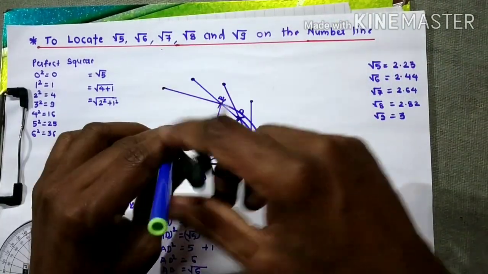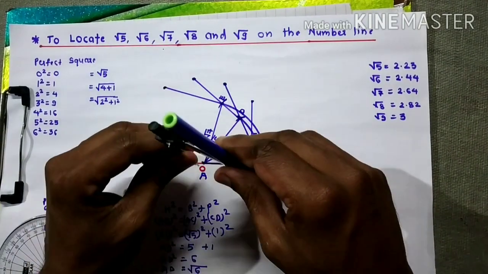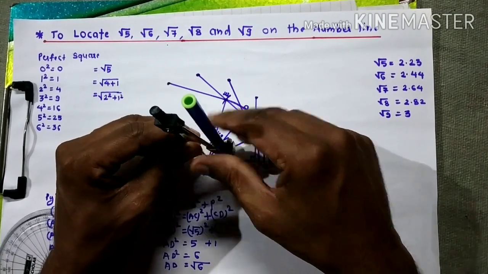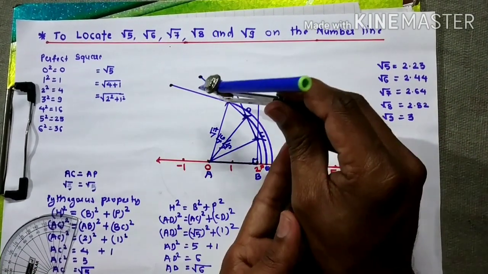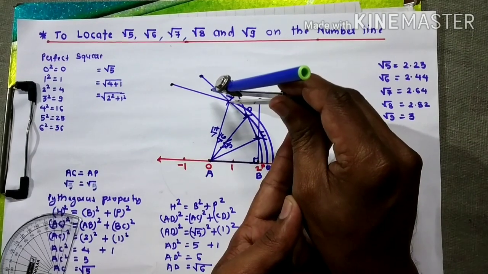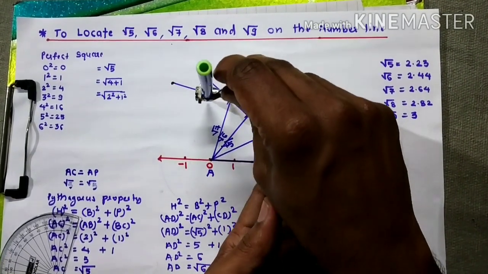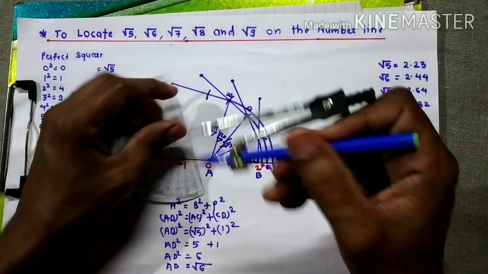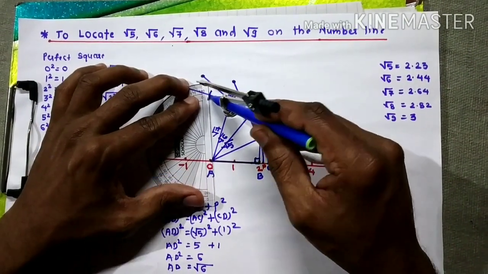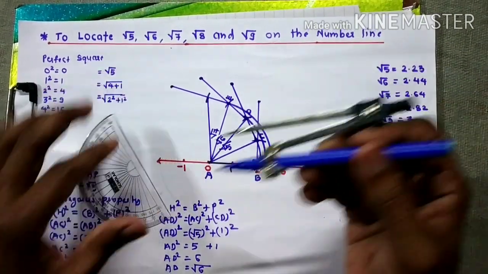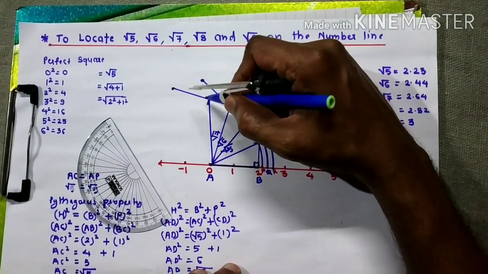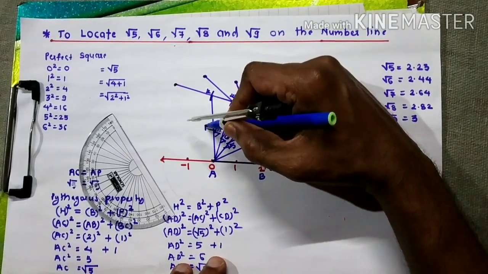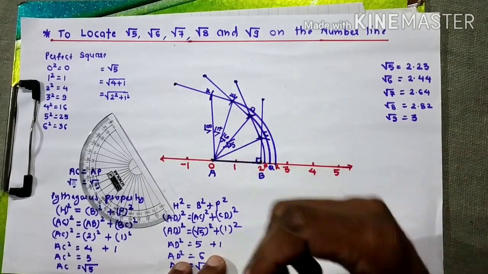The next step is to choose 1 unit distance. So this is 1 unit distance, and we have to keep the compass at the point E and cut 1 unit distance. Then we have to join these 2 points. Let us mark this point as F. So this value is root 8.